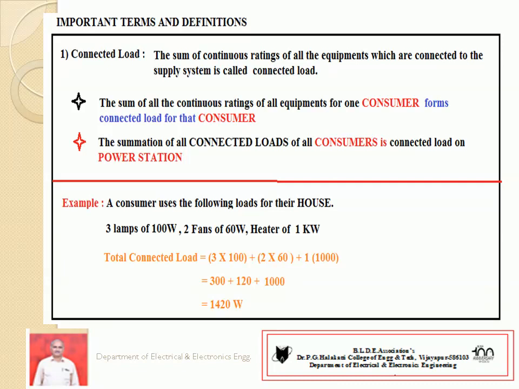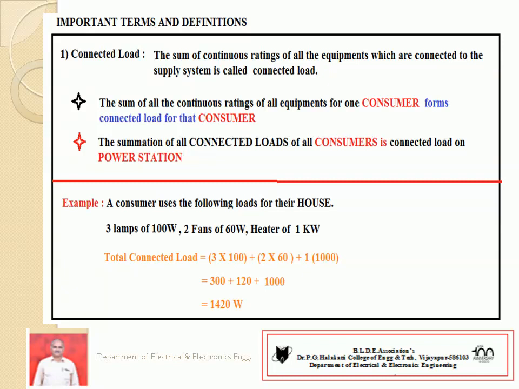A building may consist of n number of rooms. For n number of rooms, in one room, how much electrical equipment is connected with their ratings, irrespective of their operation later on. Only the ratings of the equipment installed are counted.